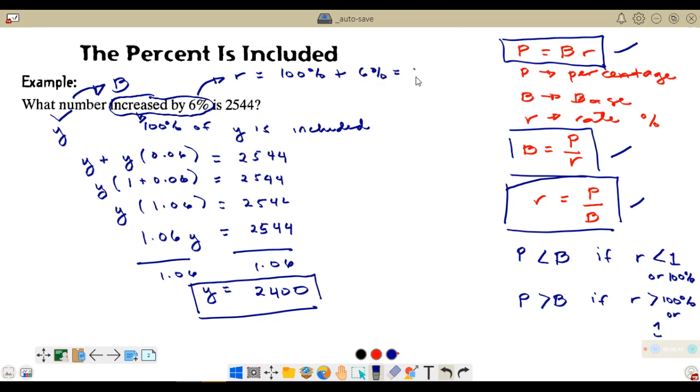So overall, your rate is 106%. And then, of course, 2,544 is the percentage P. So, let's apply B is equal to P over R to this problem.